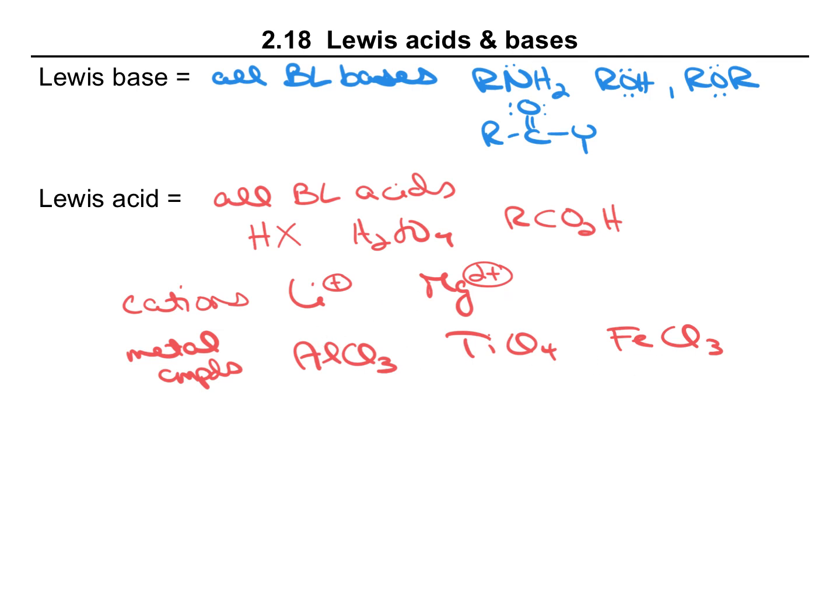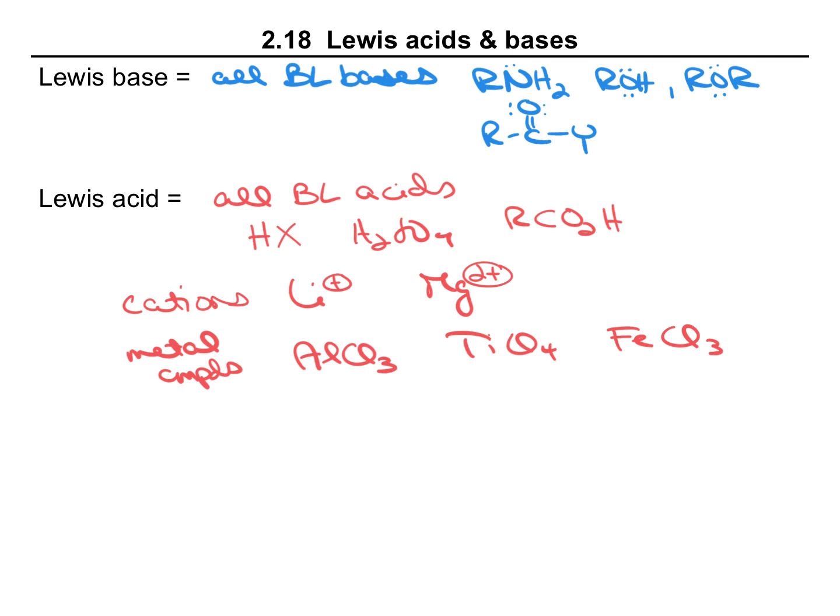Now, even though the Lewis acid-base definition is broader than the Bronsted-Lowry acid-base definition, usually when we talk about acid-base reactions, we are going to use the Bronsted-Lowry focus. But we use the idea of Lewis acid and Lewis base, but a little bit differently. So let's think about this again.